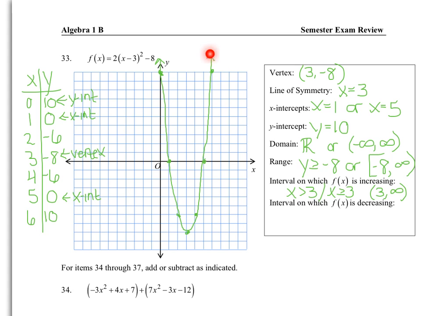If this is where f of x is increasing, this is where f of x is decreasing, and that gives us all of these x values. So x is going to be less than 3, or x is less than or equal to 3, depending on how you include it, or -infinity to 3, exclusive, or putting a bracket here if you want to include the 3.